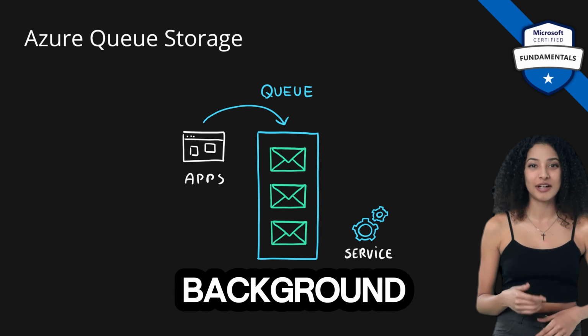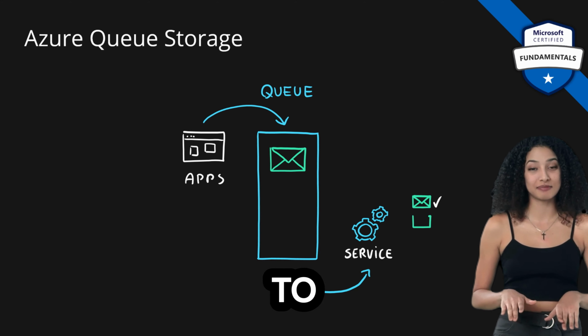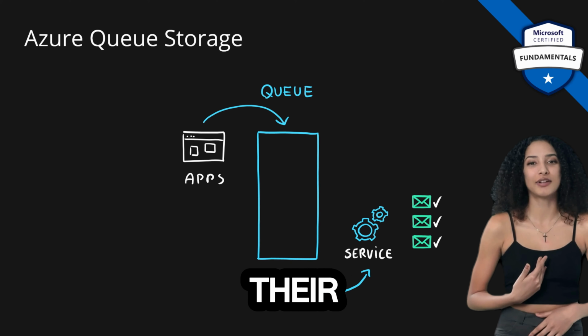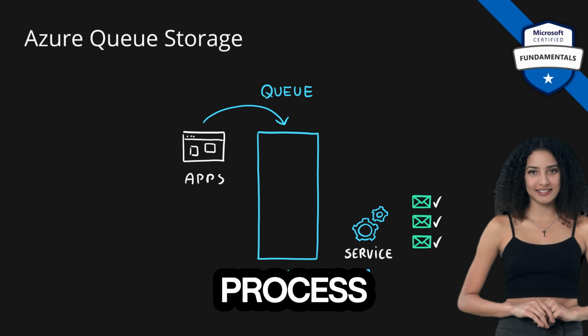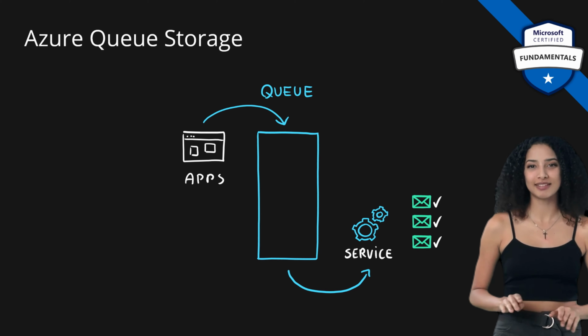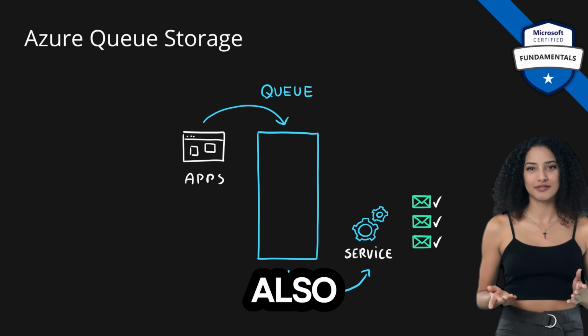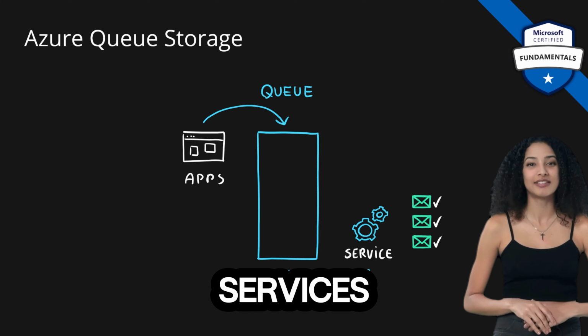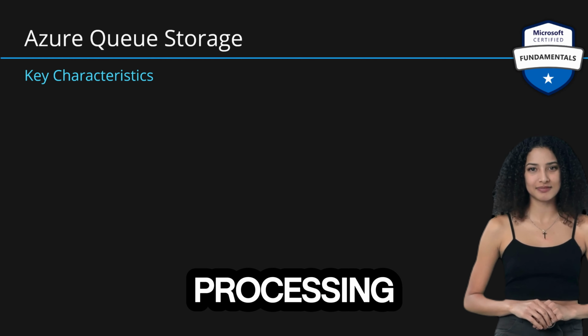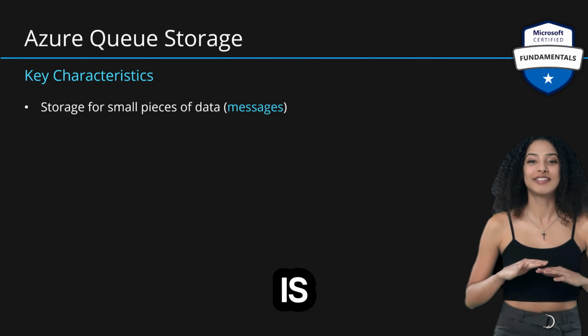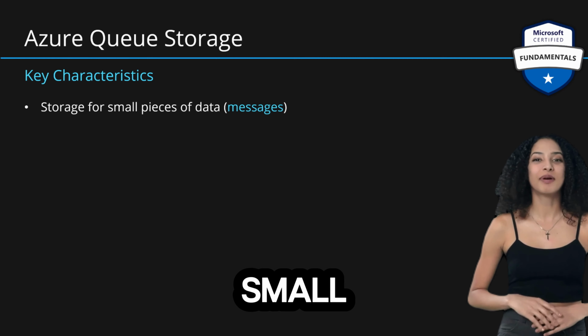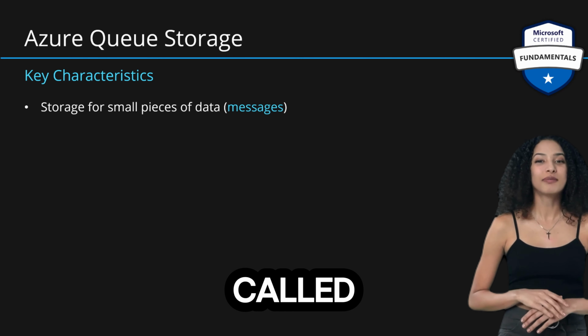This will allow background processes and other services to pick those messages from the queue at their own pace and let them process those asynchronously. This will not only offload your front-end application, but also allow you to pick more suited services for the background processing. So Azure Queue Storage is a service that allows you to store small pieces of data, so-called messages.